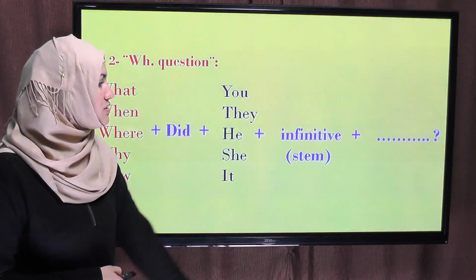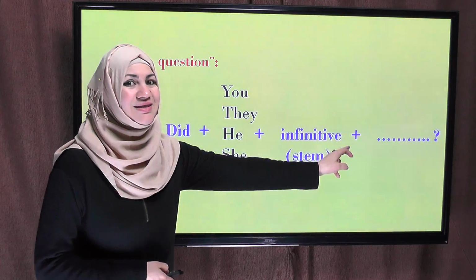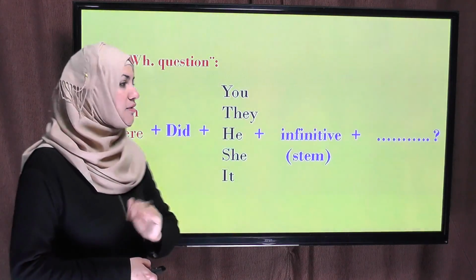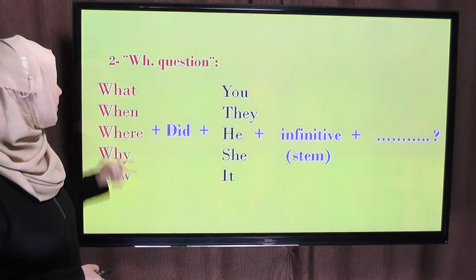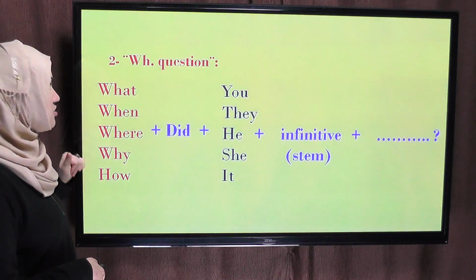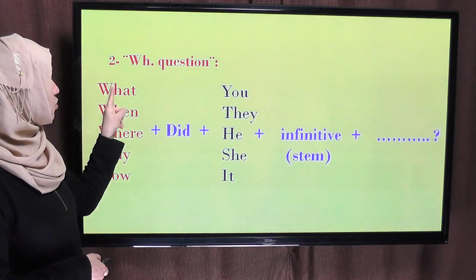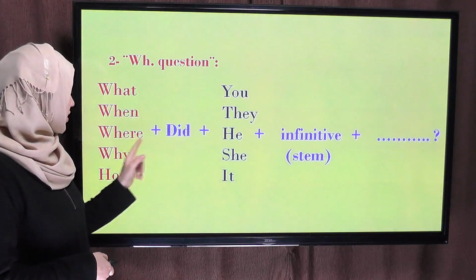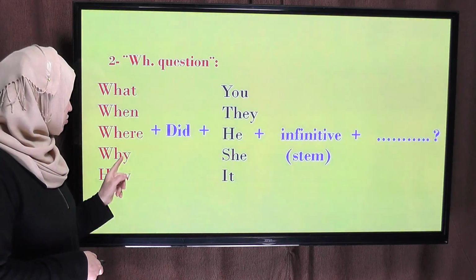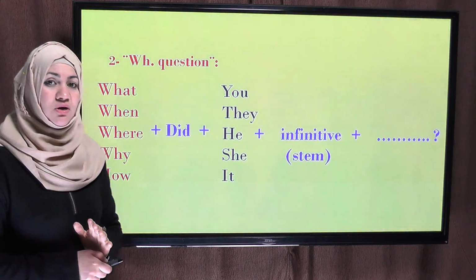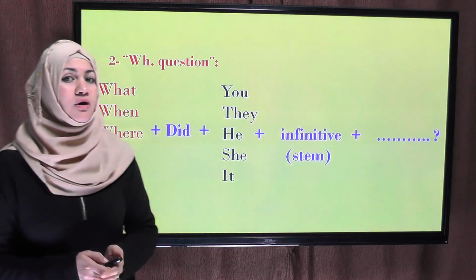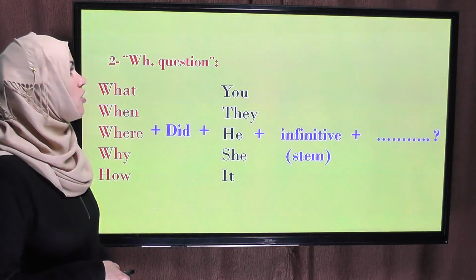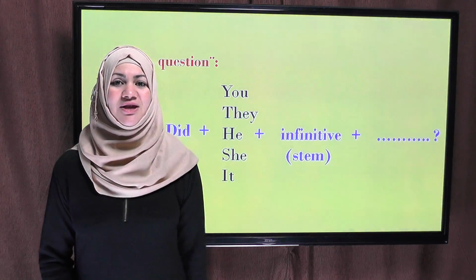The same note, the infinitive without ed, or irregular verbs, because there is did. I repeat, what is for object, when is for time, where is for place, why is for cause or reason, and how is for manner. This is the form of the interrogative WH question.